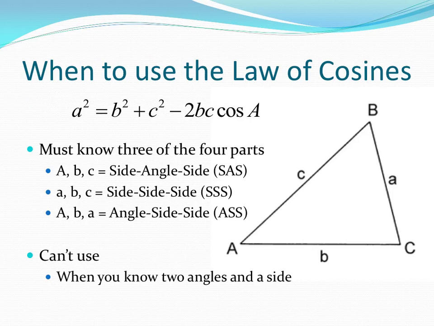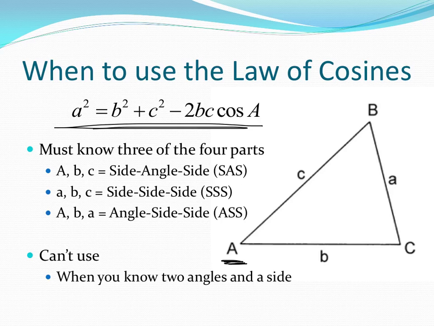Like we did with the law of sines, we want to generalize and figure out when we can use the law of cosines. So let's look at one version of the law of cosines here. This is the one using angle A and side a on the opposite side. So look at some possibilities.